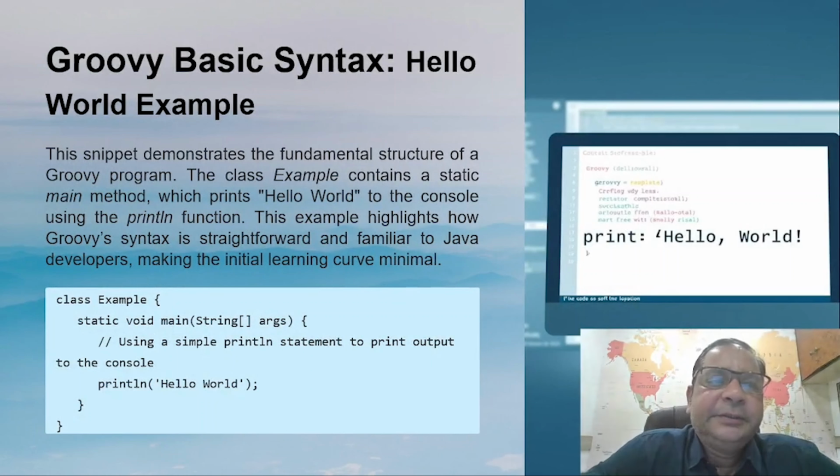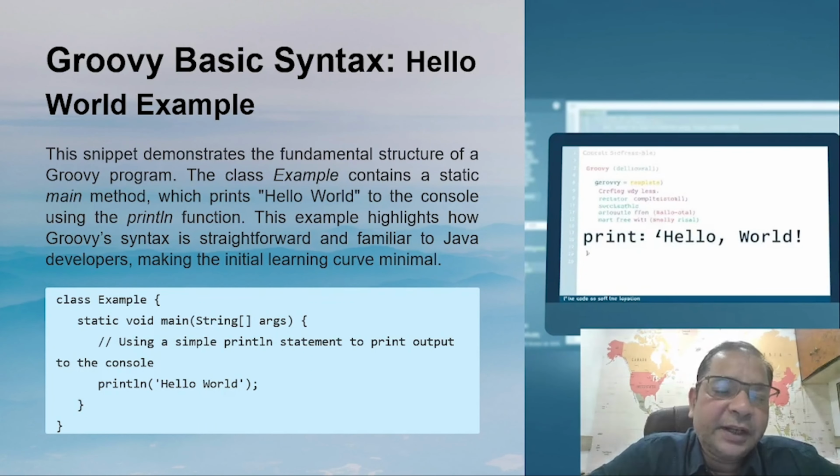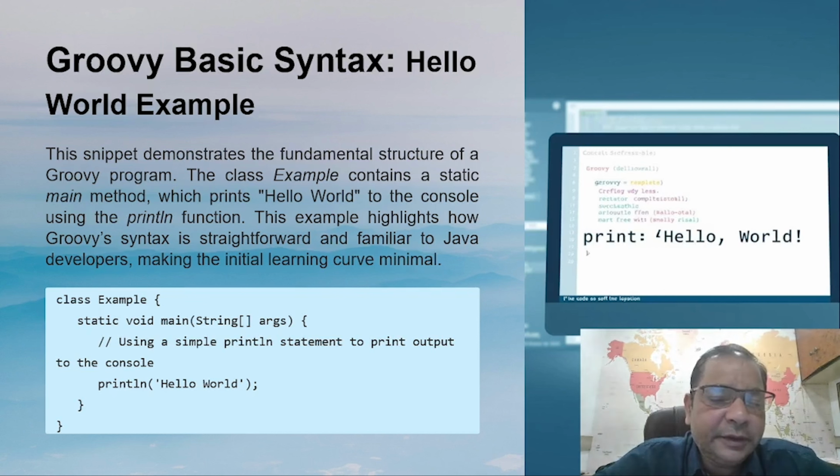So let's jump into the basic syntax, how you will write a hello world expression. Here you can see that we first declared the class, then it's a simple example. You won't even be able to differentiate what is Java and what is Groovy.